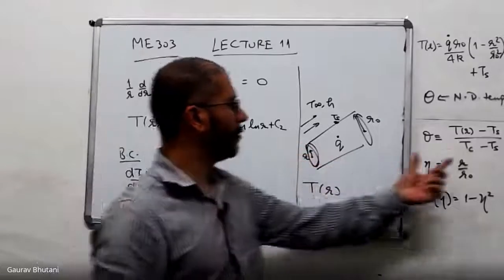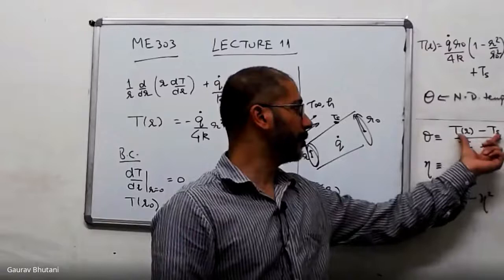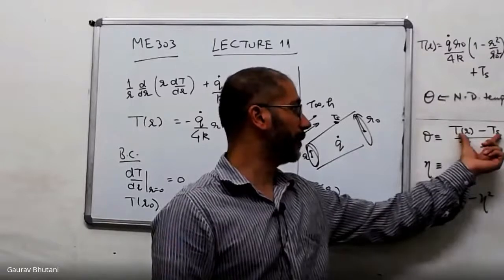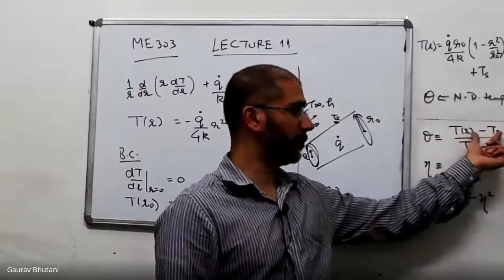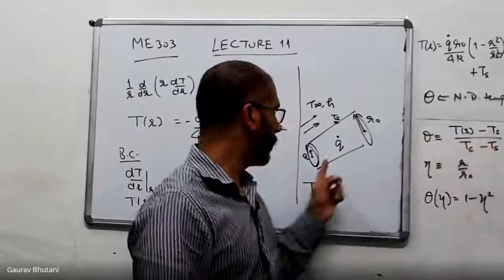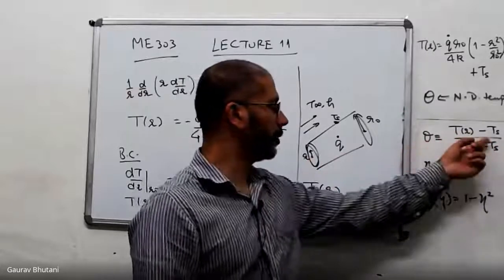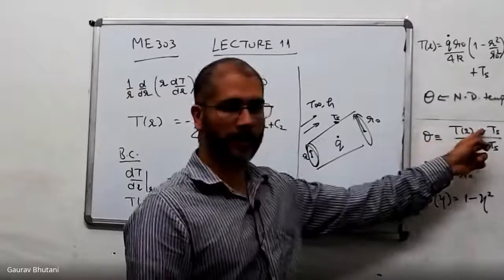So we have taken the denominator as the maximum delta T we can have, and then at the center, this is the maximum, and at the boundary this difference becomes 0. So my theta value starts from, at R equal to 0, theta is equal to 1, and at R equal to R naught, my theta is equal to 0.